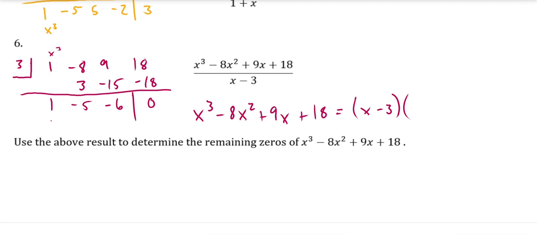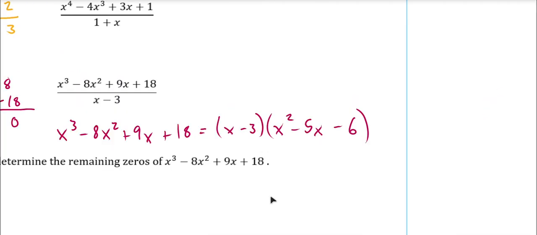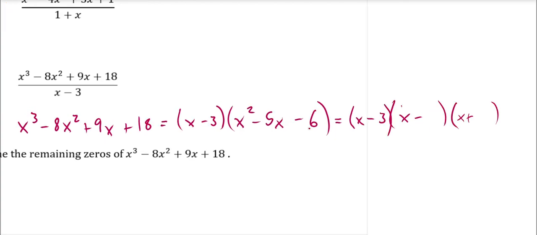This goes from x to the third down to x squared, so we begin with that coefficient, so 1x squared, minus 5x minus 6. Notice that now that we've dropped down by 1 degree, it's pretty easy to factor the remaining bit because it's just a quadratic. Factors of 6 with a difference of 5 are going to be 6 and 1. And so notice that the roots of the polynomial are given by 3, 6, and minus 1.